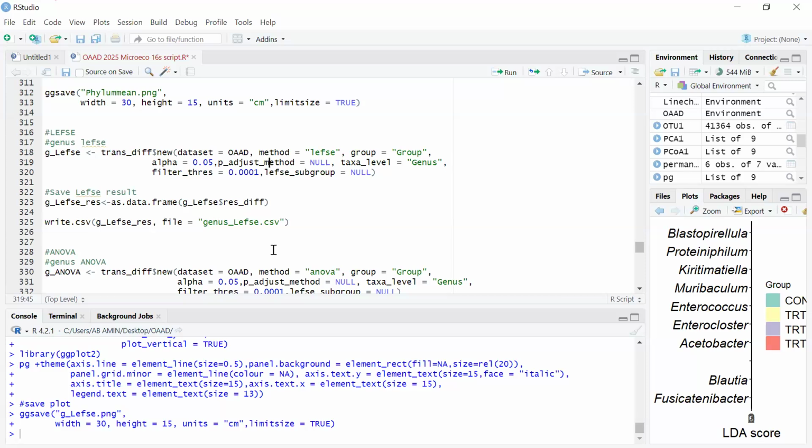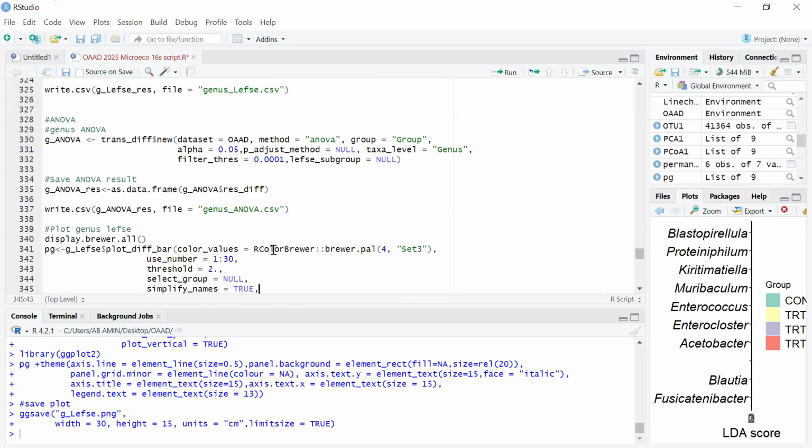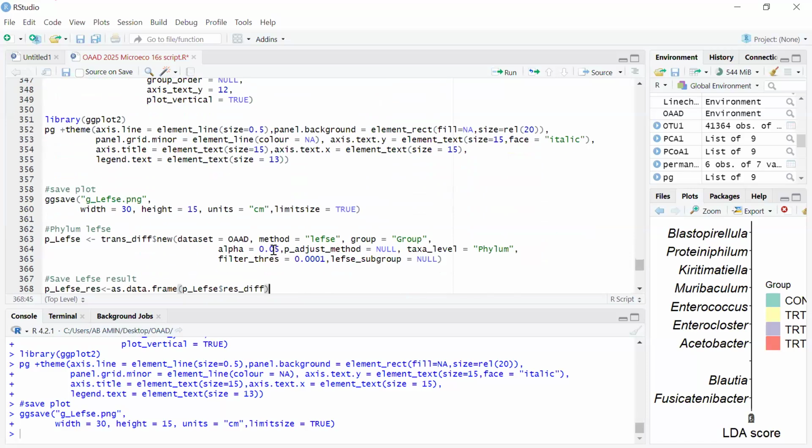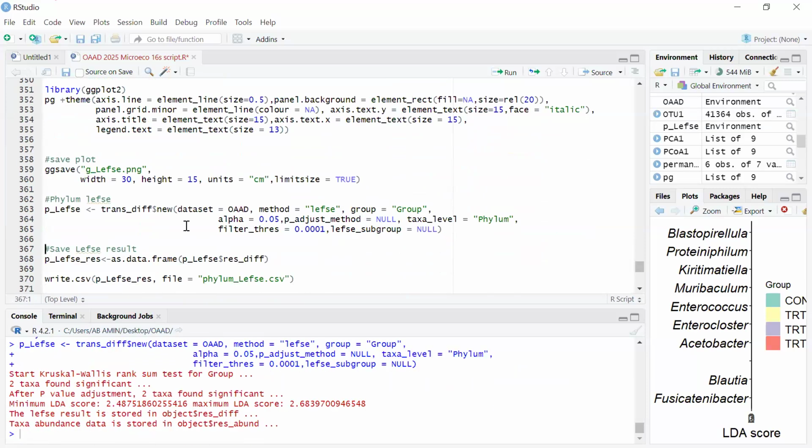All right, let's continue. So this one is at genus level, and the LEfSe at phylum level, we will calculate the LEfSe from line 363 at phylum level.